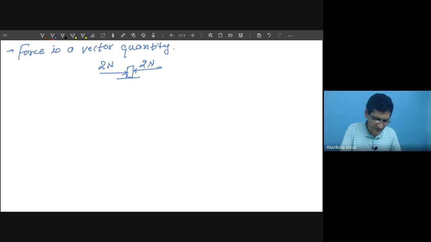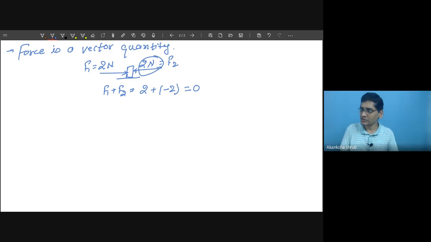So this force F1, from left to right, and F2, from right to left, if you add F1 and F2, it is a vector quantity, so sign has to be considered. This is 2, and this has to be taken in the negative way, -2. Ultimately it gives you 0. This vector addition is the basic thing we learned in chapter 1. So vector algebra has to be followed.